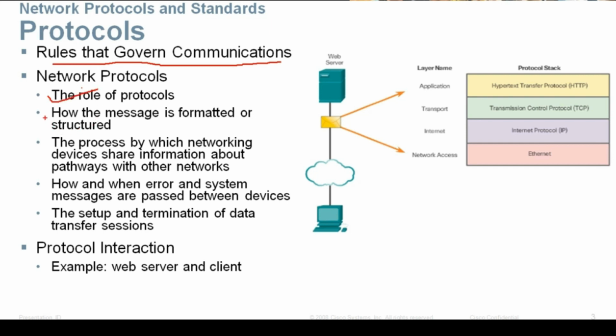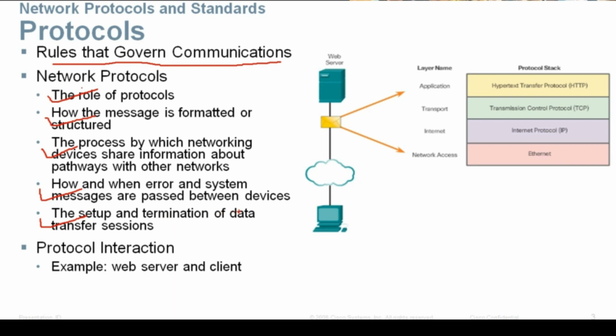It also specifies how the message is formatted and structured, the process by which networking devices share information about the pathways to other networks, and how and when error and system messages are passed between the devices. And the last is the setup and termination of the data transfer session.